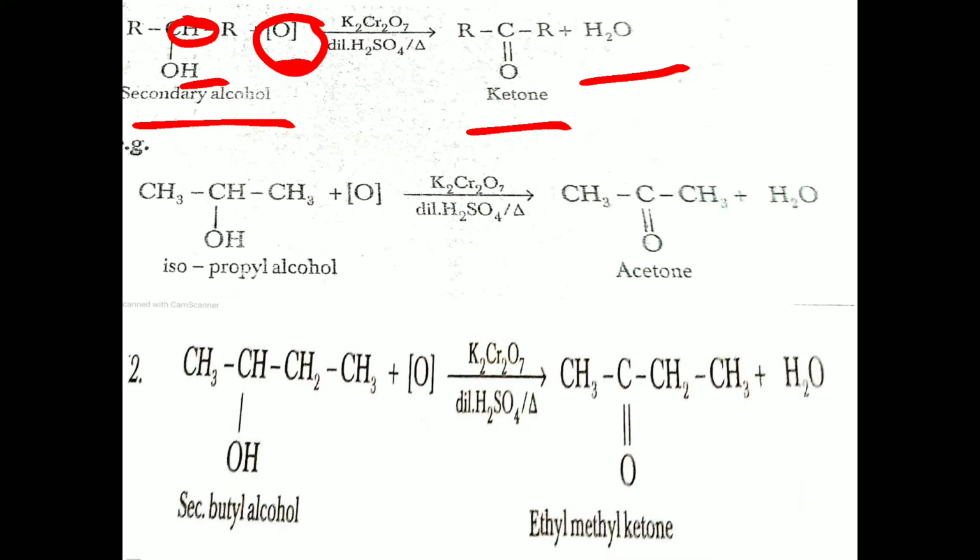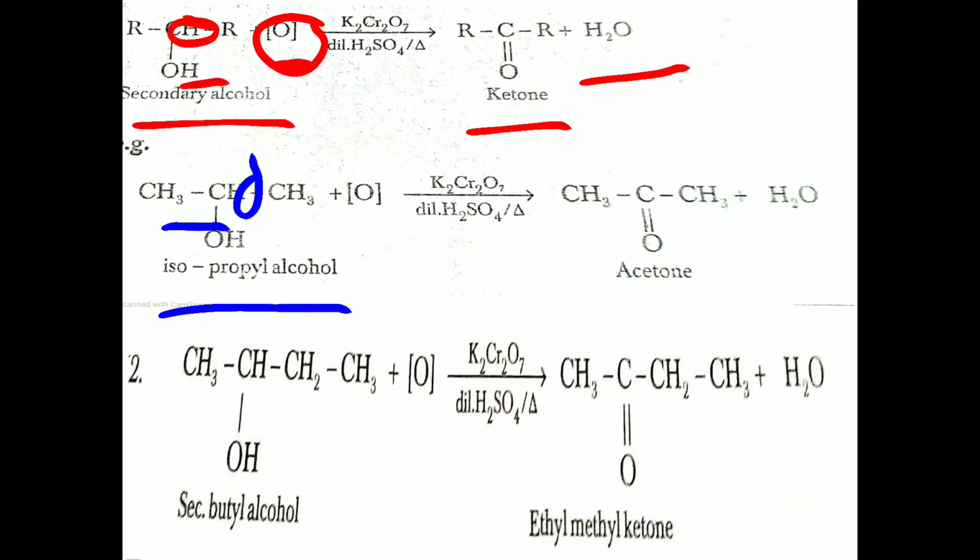Now we take one or two examples. In this first example, CH3CHOHCH3, that is isopropyl alcohol, undergoes oxidation.